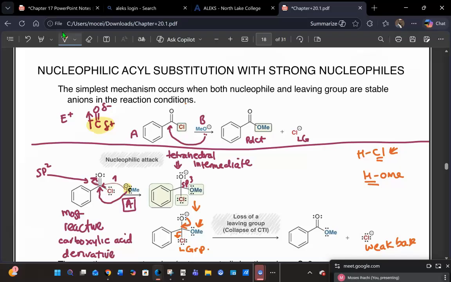If the anion gets protonated to give you a strong acid, that anion was a weak base. If the anion like OMe minus gets protonated to give you a weak acid, that anion was a strong base. Good leaving groups must fall off as weak bases. They are stabilized that way.